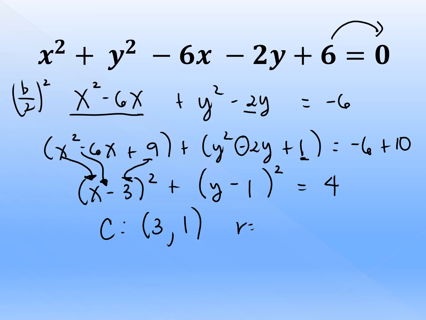We need to get the square root of 4 first because it follows the standard form x minus h squared plus y minus k squared equals r squared. So therefore r squared is equal to 4. Getting the square root of both sides, we get the value of r, which is equal to 2. So we have center at (3, 1), and radius is equal to 2.